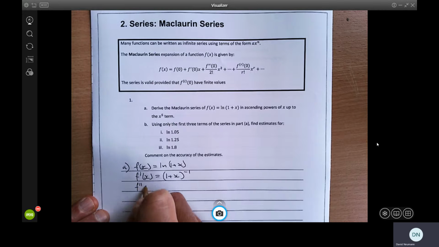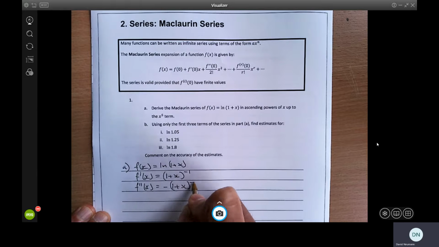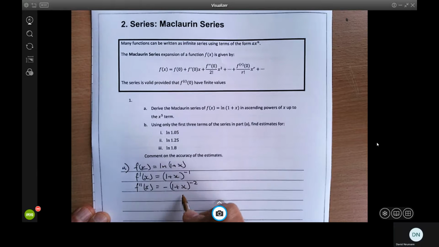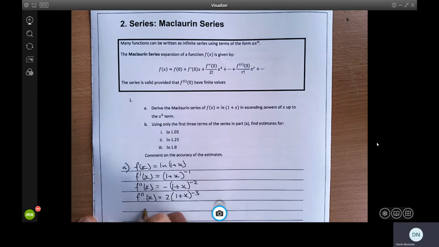F double dashed of x is equal to minus 1 plus x to the minus 2. Use the chain rule, differentiate the inside, you just get 1 anyway. F triple dashed of x is 2 times 1 plus x to the minus 3.